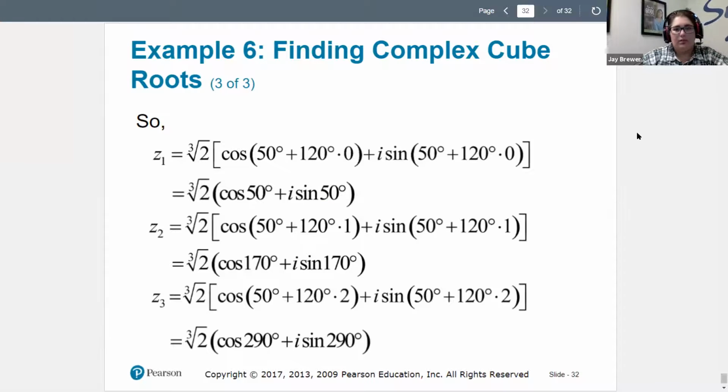And probably also the exam. So we're going to find the complex cube roots by doing the following. They just plugged in 0, 1, and 2 for k and solved. Okay. Any questions on 10.3?